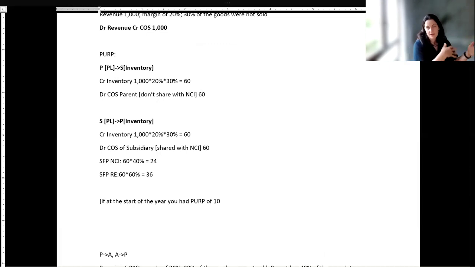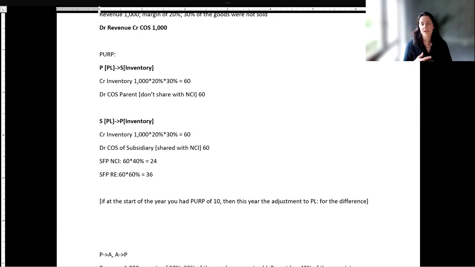So if in the previous year there was intergroup sale and there was some goods that were unsold, then this year the adjustment to P&L is going to be made just for the difference. So yes, the closing balance of inventory is going to be adjusted for 60, but the P&L entry is going to be made just for the 50, 60 minus 10, because the adjustment of 10 is already in our account, so we need to just charge extra.